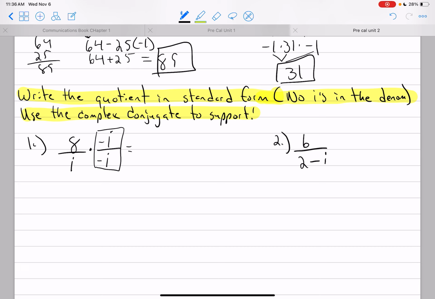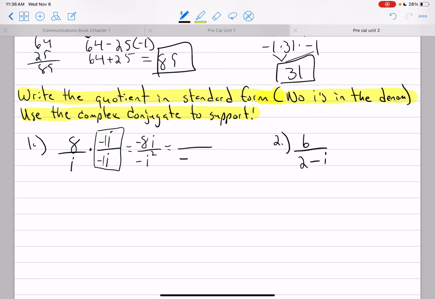So what do I get? On the bottom, I get negative i squared. And on the top, I get 8. Actually, I get negative 8i. This is negative 1i, so that's negative 8i. Alright, so now I'm going to go ahead and simplify.